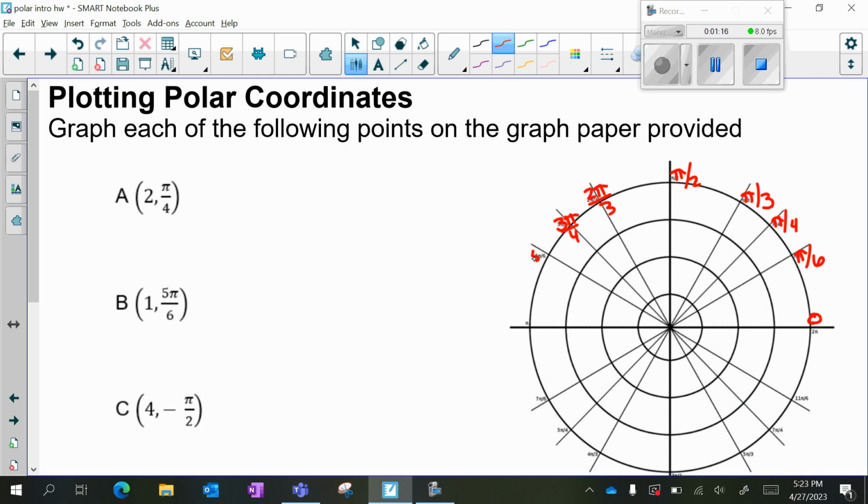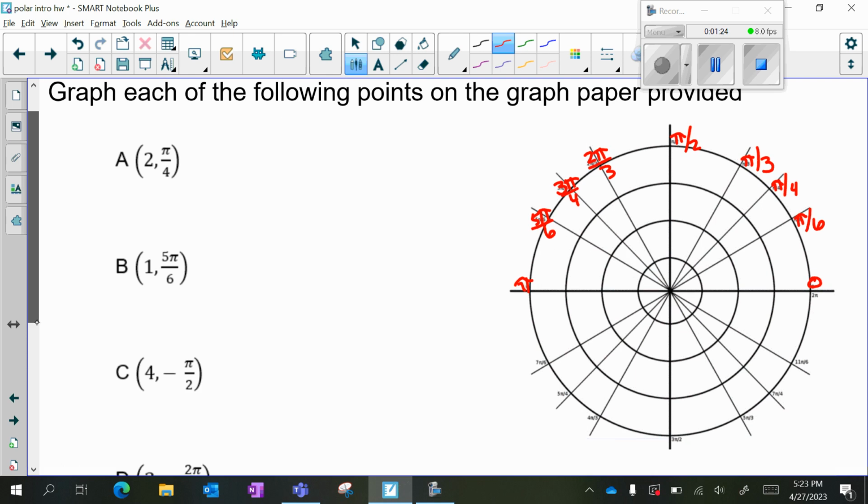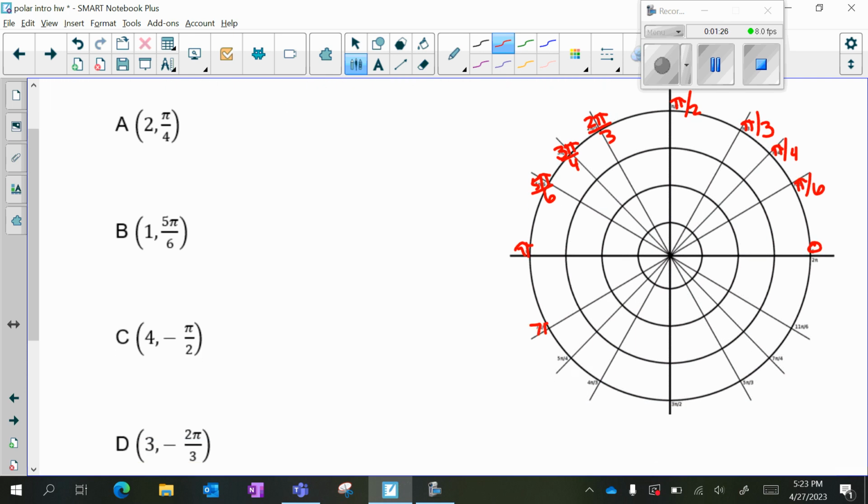So those are going to be your angles. And they're all of our special angles, our reference angles in all of our different quadrants. And we can plot other points as well, but for today, since this is the intro lesson, these are the ones that we're going to be working with.